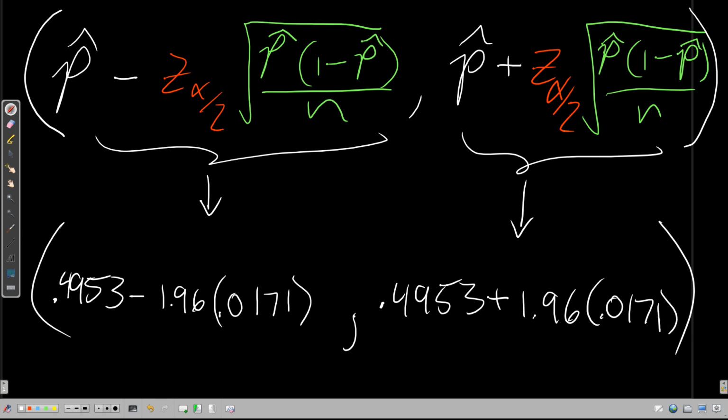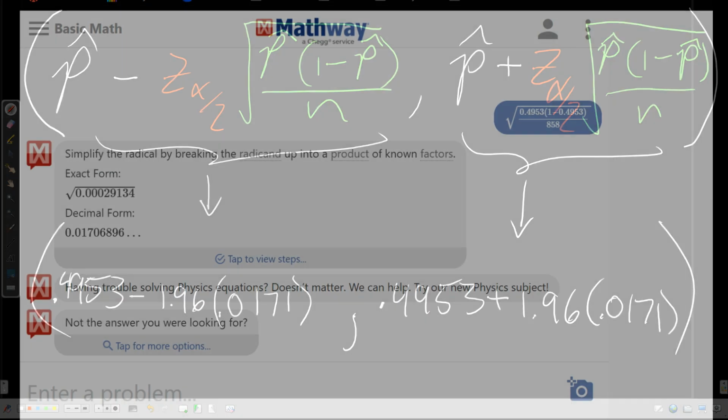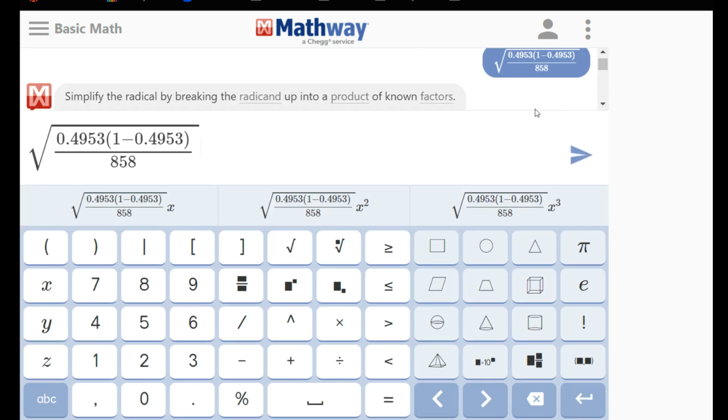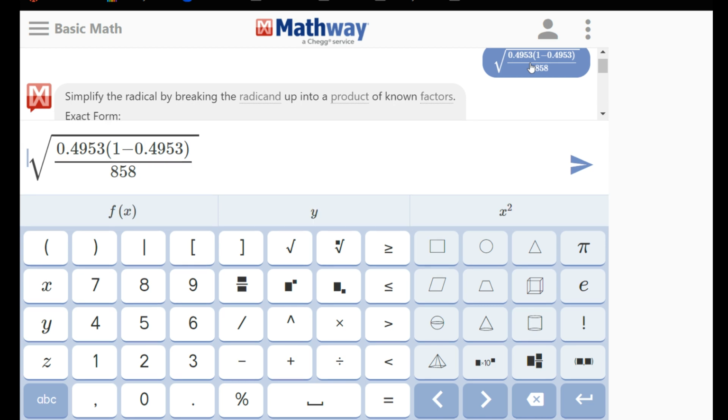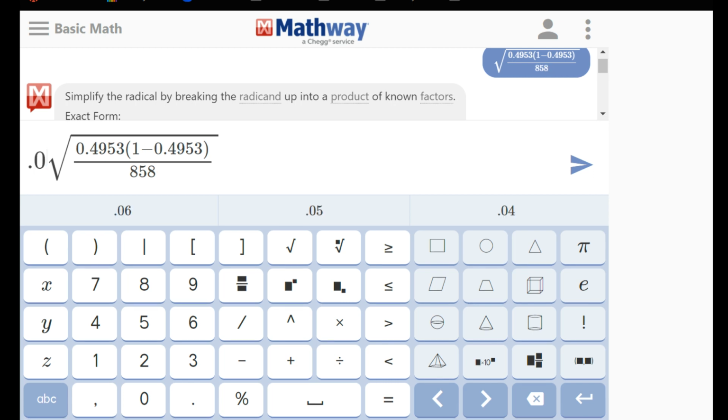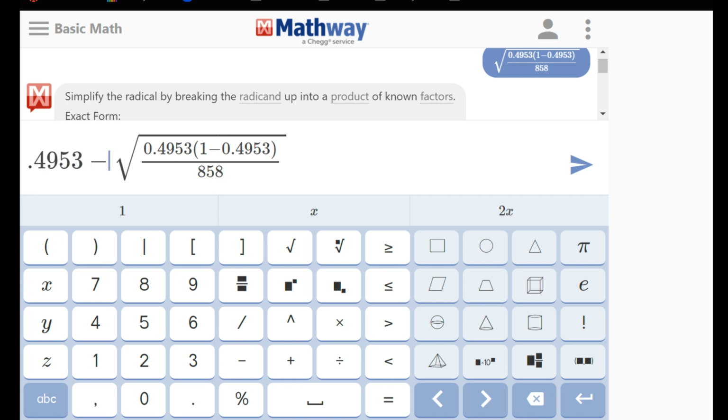But since I've got Mathway open here, why not just leverage the stuff I've already typed in to make this thing compute all of that for me. So my point estimate, 0.4953, minus 1.96 times that square root, whatever that computation is going to be right there, is going to be the lower limit of my confidence interval.